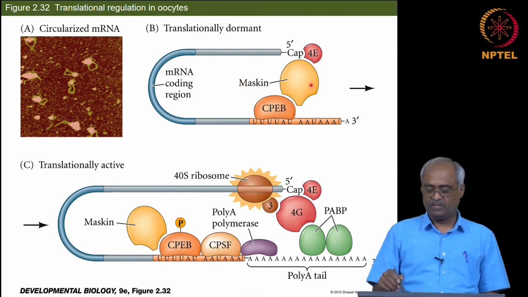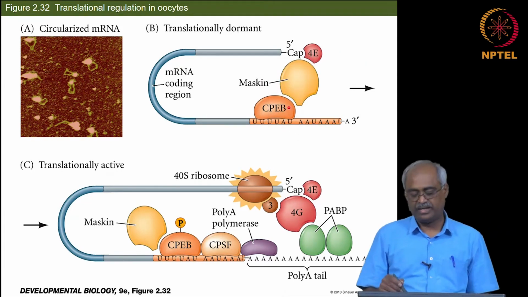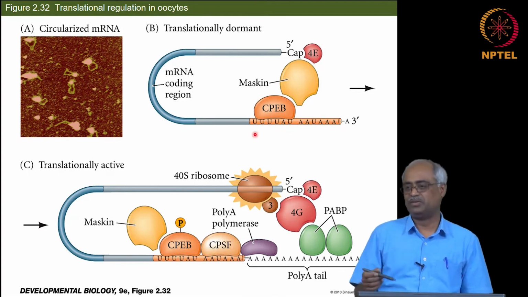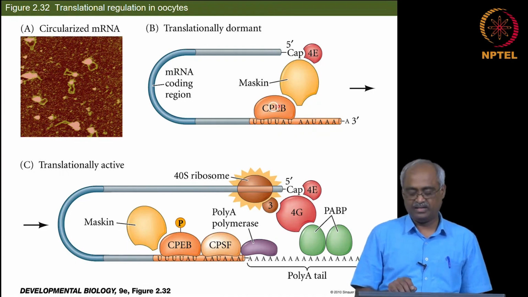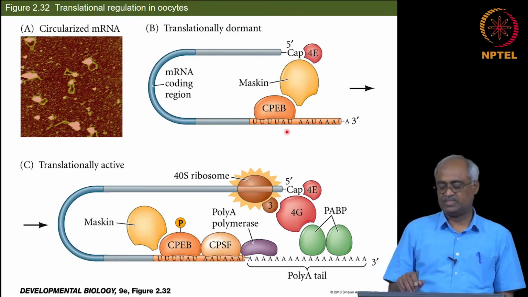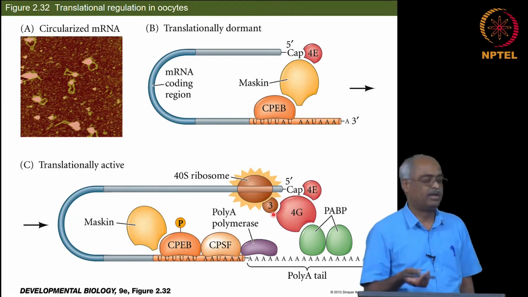Instead a protein called maskin binds to 4E in preference to 4G binding to 4E, and that maskin interacts with a protein called cytoplasmic polyadenylation element binding protein, CPEB, that binds to the polyadenylation signal sequence. This kind of circular form totally excludes the other initiation factors, and therefore it is translationally dormant, it does not get translated.